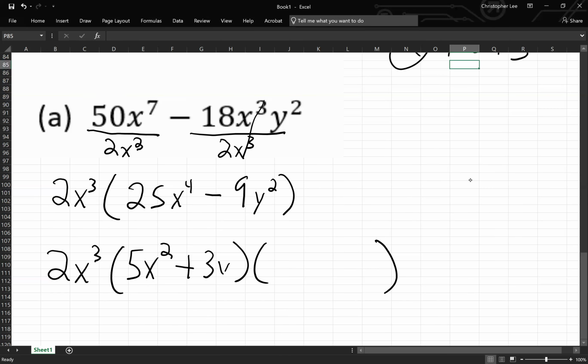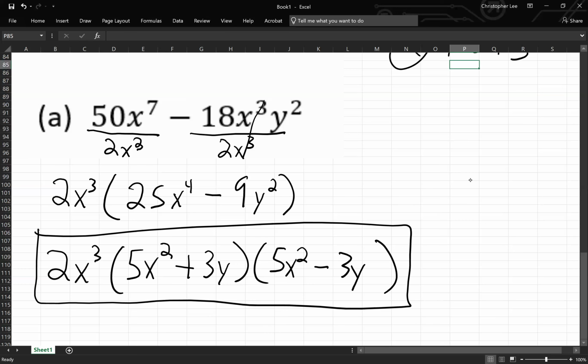Very good. And then what do I put on the other side? Exactly, right? So 5x squared minus 3y. This is my complete answer, right? This is factored completely. Any questions on this one? All right.